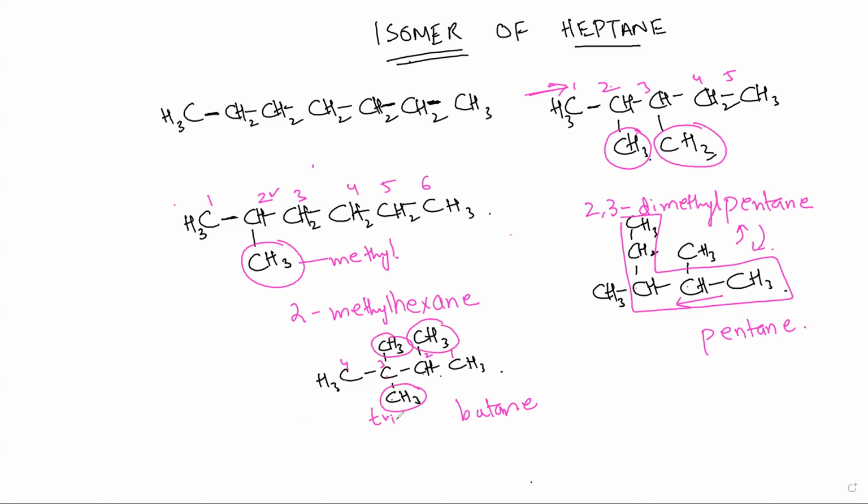So we name it as trimethyl, okay? Then on the second carbon, we have 1 methyl group, so we'll write 2 here. Then this methyl group is on the third carbon, we write 3 here. Then this methyl group is on the third carbon, so we write another 3 here. And that's how the name gets 2, 3, 3-trimethylbutane. Got this, everybody?